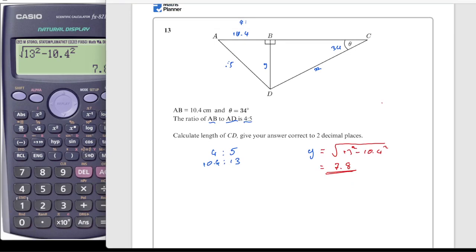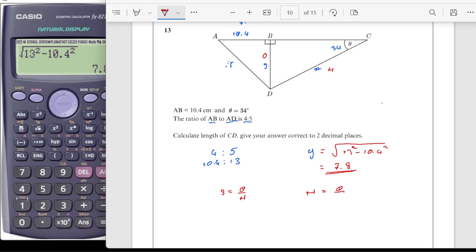So using my trigonometric notation, this side here would be the hypotenuse, this side here would be the opposite side. So I'm using my sine ratio. Sine is equal to O over H, and it's the H that I'm trying to work out. So H is going to be equal to O divided by S. So X is going to be equal to Y divided by sine 34.